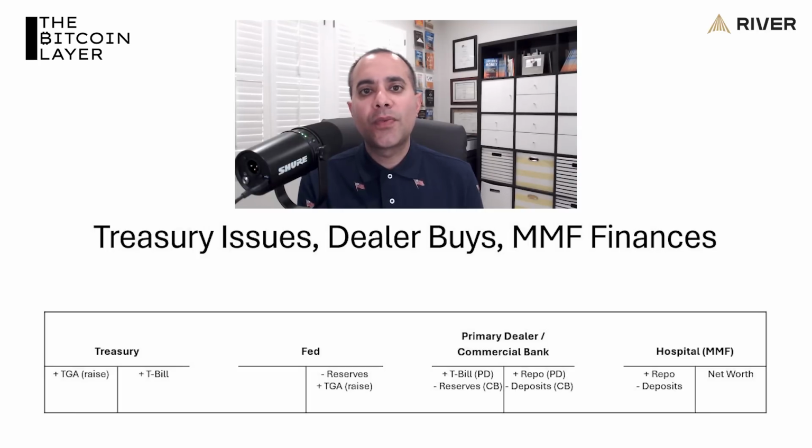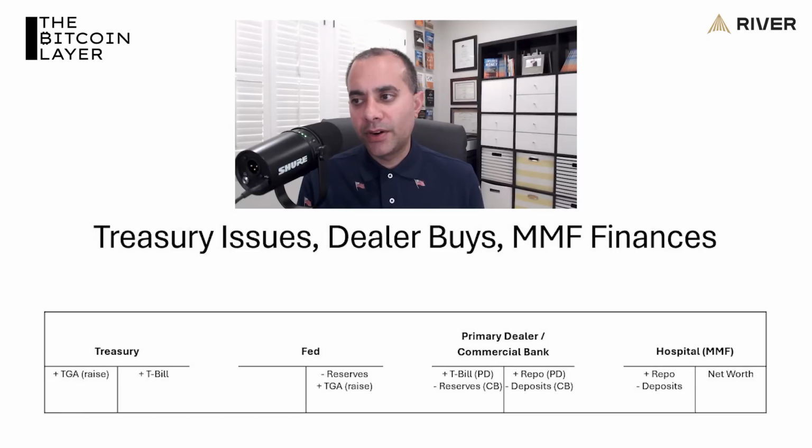That sort of repo financing can create new money for the financing of other securities, but not Treasury securities, because Treasury securities must settle via, ultimately, the Fed's reserve balance and Treasury general account mechanism.